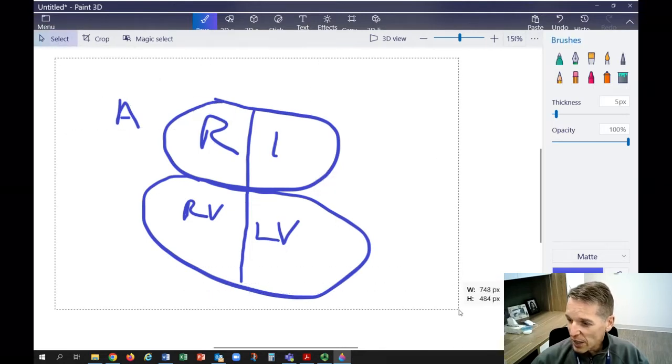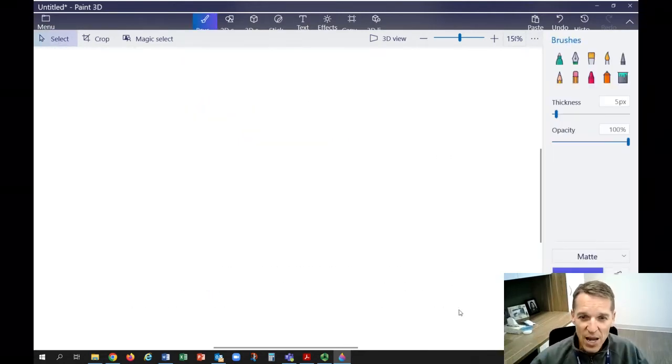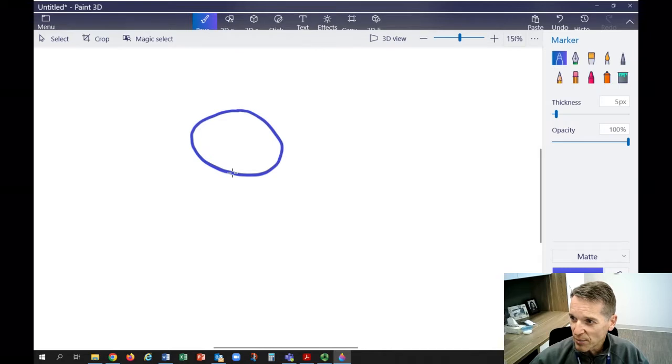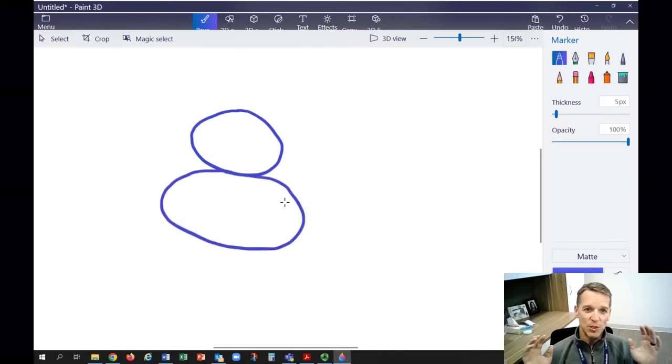Let's now combine atria and ventricles together. So here is the atria, here is the ventricles. Let's combine them from the perspective of rhythm, the way your heart beats, because they beat the same.